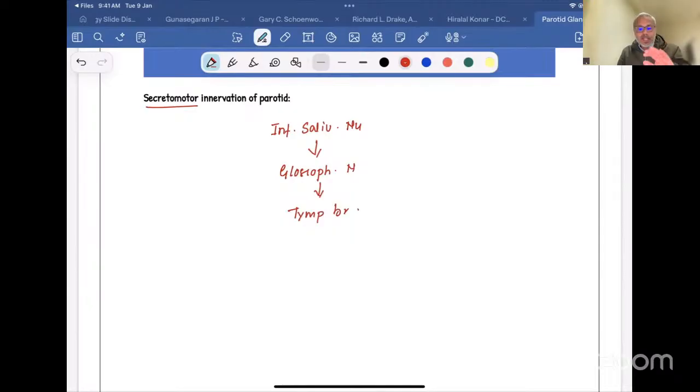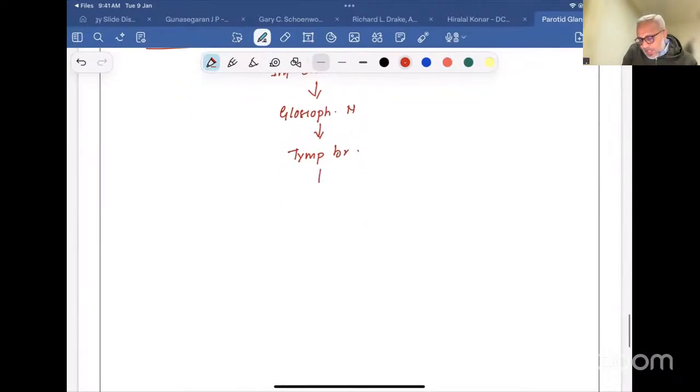Glossopharyngeal nerve will give rise to a tympanic branch. Remember, you can just write it as a flow chart. No need to write the diagram. Inferior salivatory nucleus, glossopharyngeal nerve, and tympanic branch. This gives rise to a plexus called the tympanic plexus. From this, we have the lesser petrosal nerve, right?